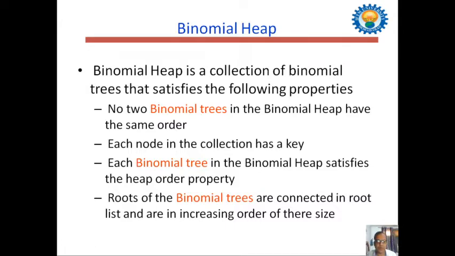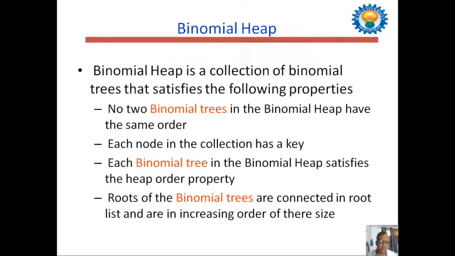Heap order property means the parent is always smaller than its children, and the root of every binomial tree has the least key of that binomial tree. So all the nodes are min heap ordered in a binomial heap. Roots of the binomial trees are connected in a root list and are in increasing order of their size.